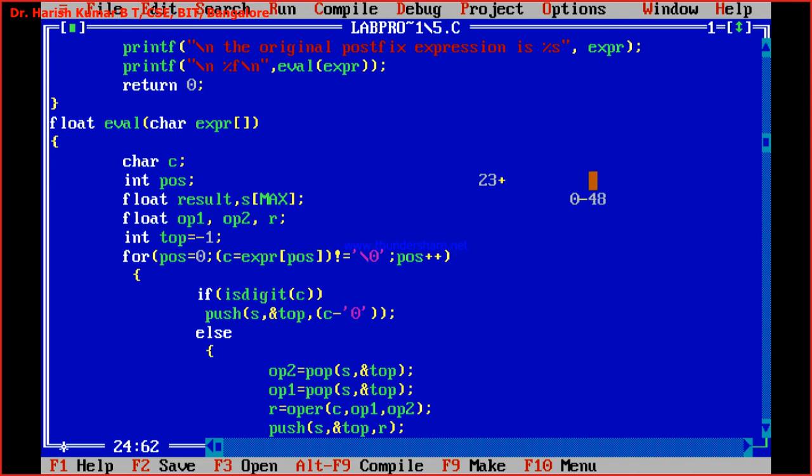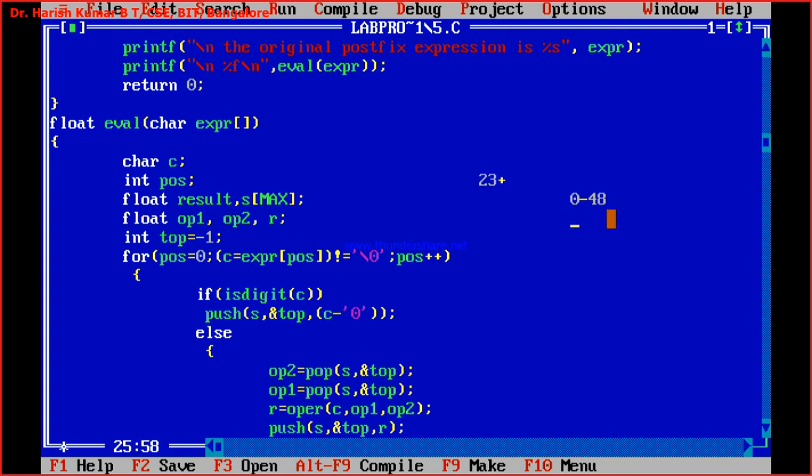When I store this 0 in the form of character, it is not 0, it will take its ASCII value, 48. Now this 2 which we are reading, is it stored as integer or as character? Character. For character 0, the ASCII value is 48.